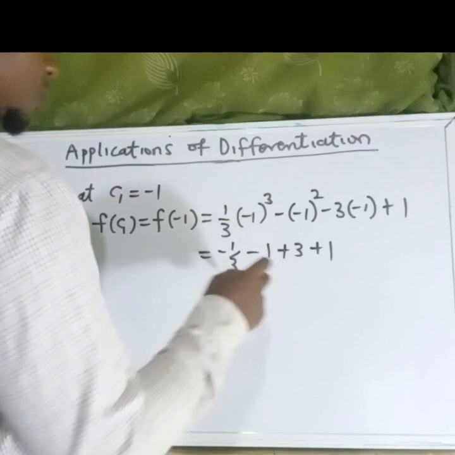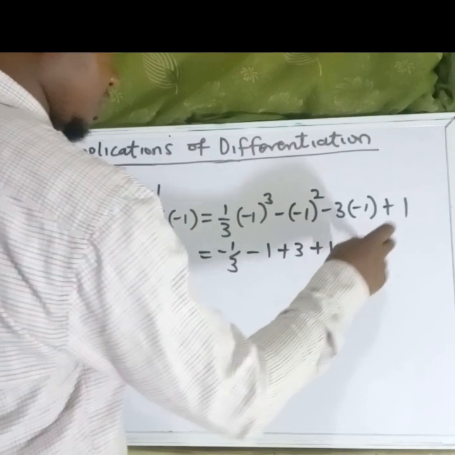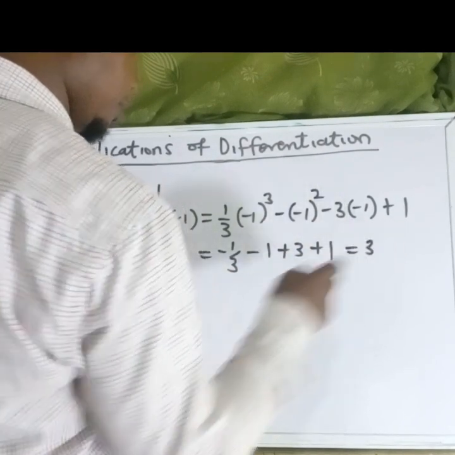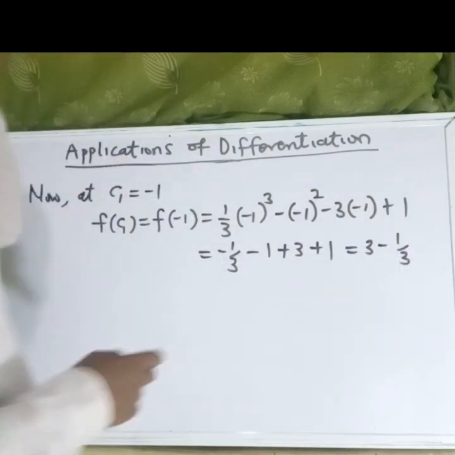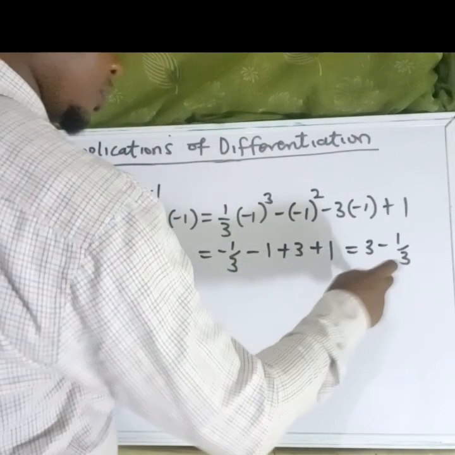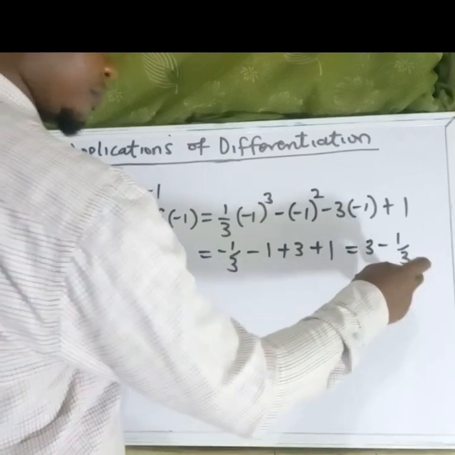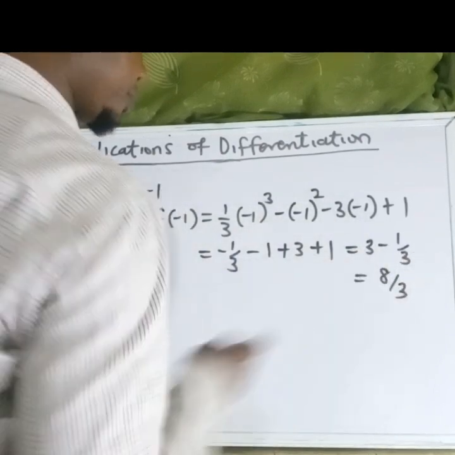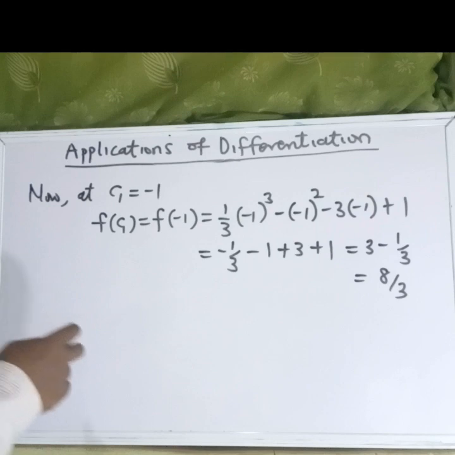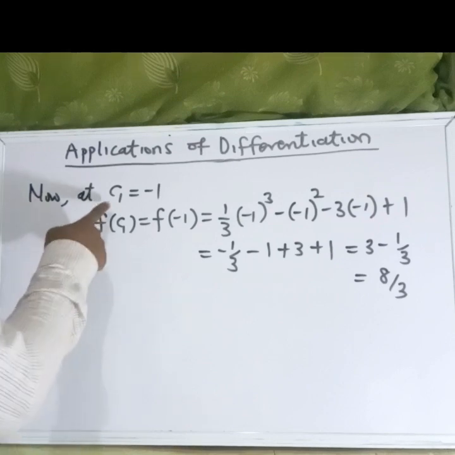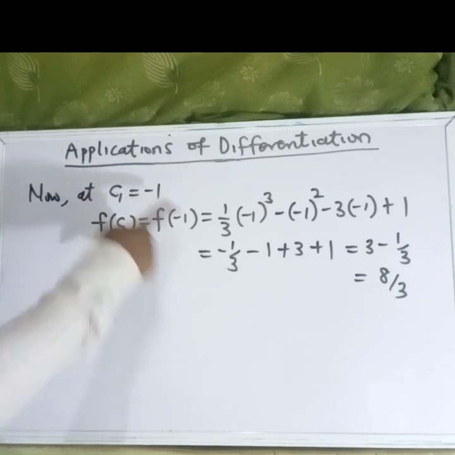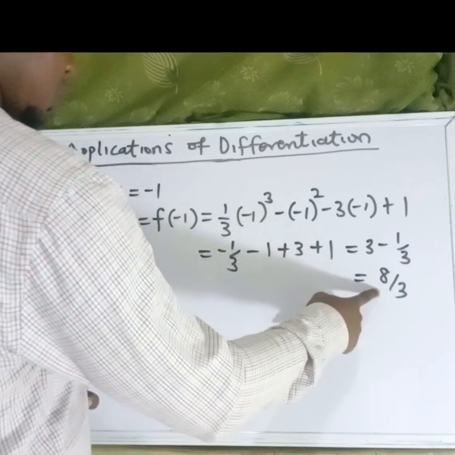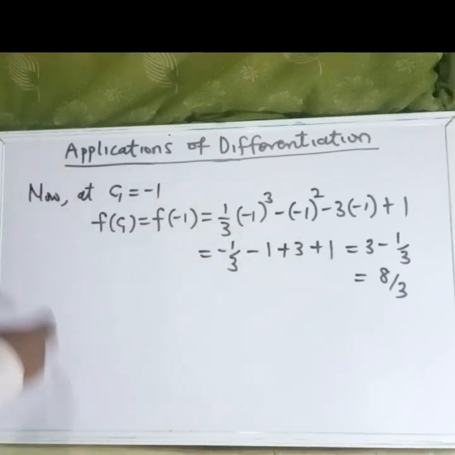This means 3 minus 1 over 3, which is 8 over 3. So when the critical number is -1, the extreme value is 8 over 3.